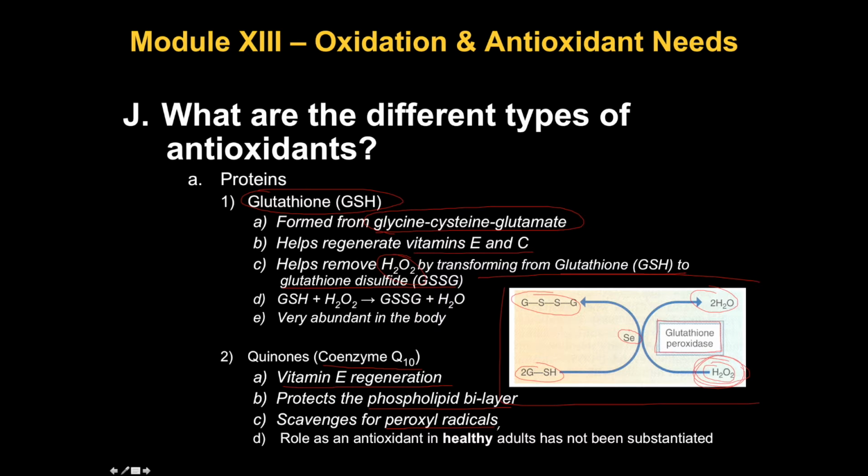There are many studies that show tremendous benefit from coenzyme Q ingestion. Then there are other studies that basically show no effect, which brings me to the statement down here: its role as an antioxidant in healthy adults has not been substantiated. So you'll find the literature to be a little controversial with respect to coenzyme Q10 and the quinones.